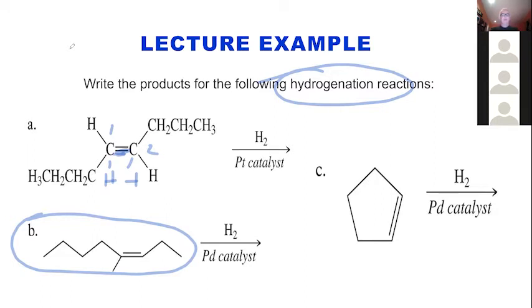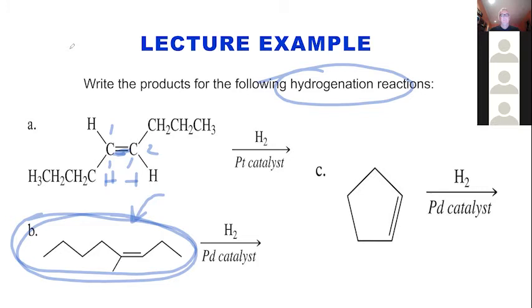Now the fun thing about these products, when you're looking at the skeletal structure, drawing the product for a skeletal structure hydrogenation reaction is really easy. It's super, super easy, because what do we have to do in order to make this look like it's missing a double bond and it's hydrogens instead?